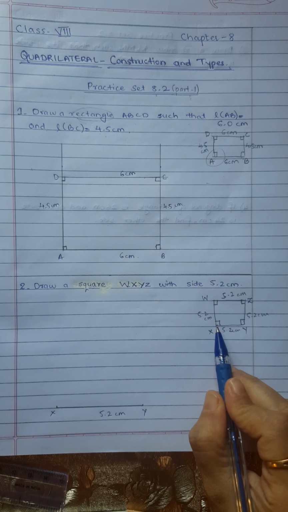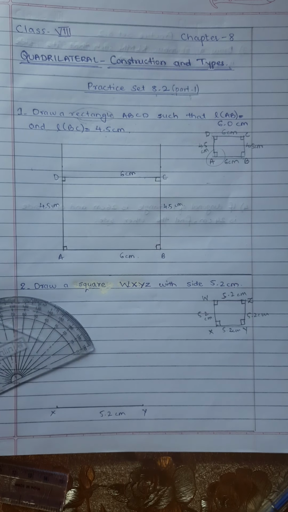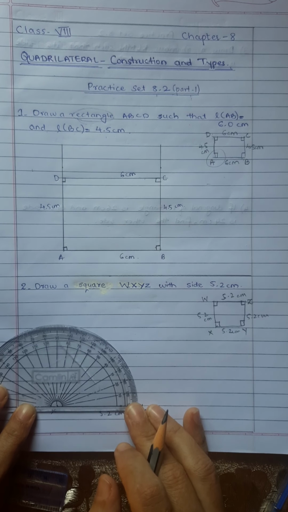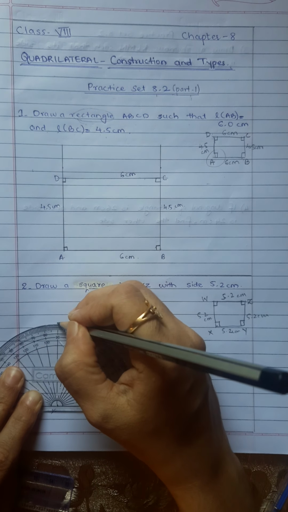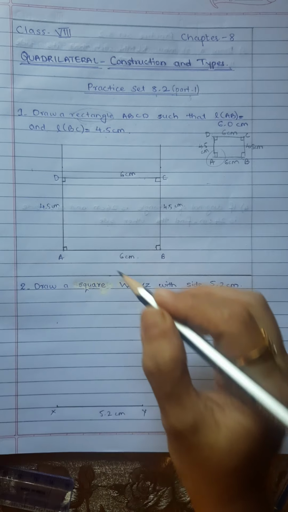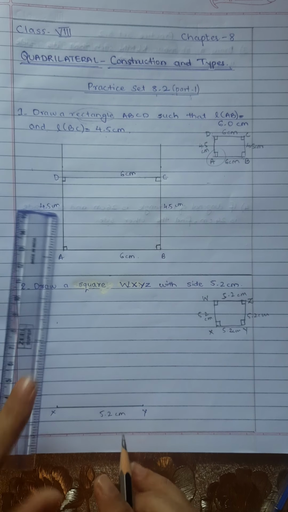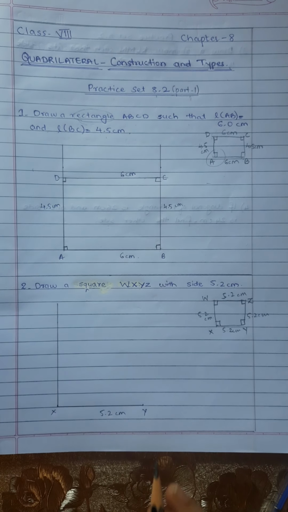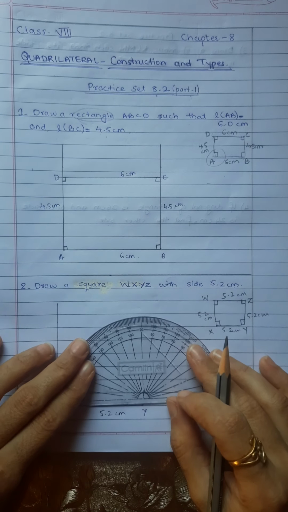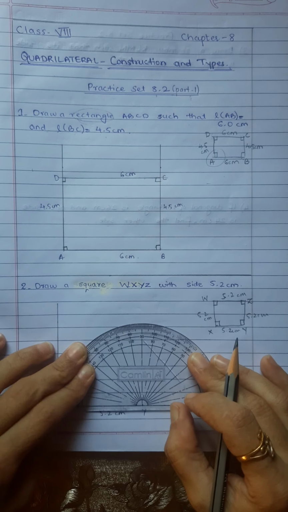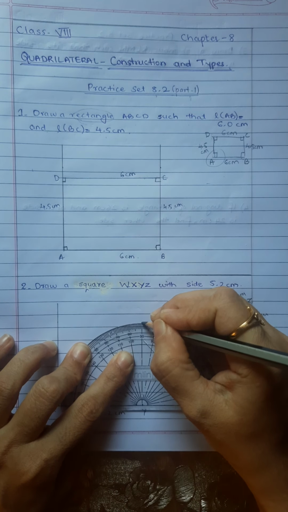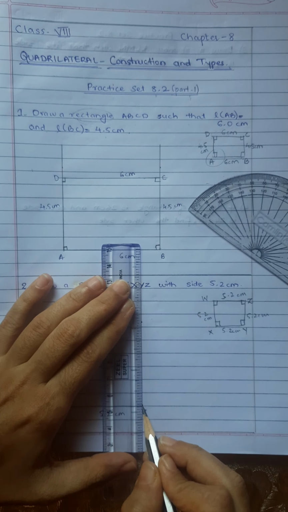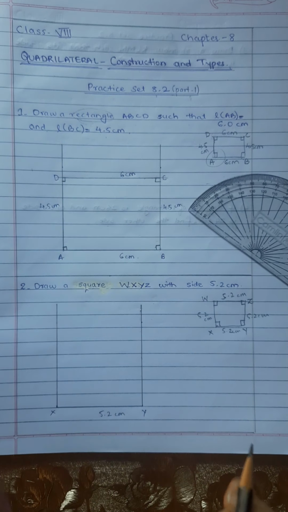Now a 90-degree angle at X and Y. So using the protractor, keeping on point X in this way, mark it up at 90 degrees. Join these two points. The same protractor on Y, 90 degrees here. Join it using the scale.